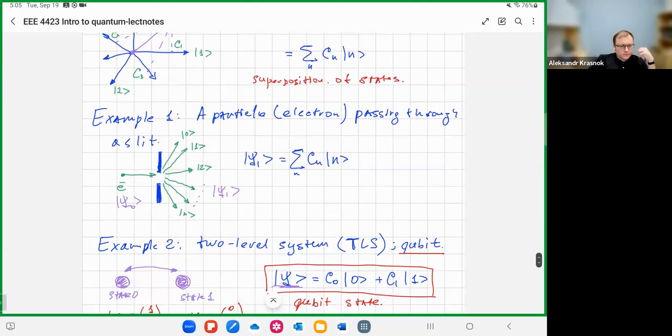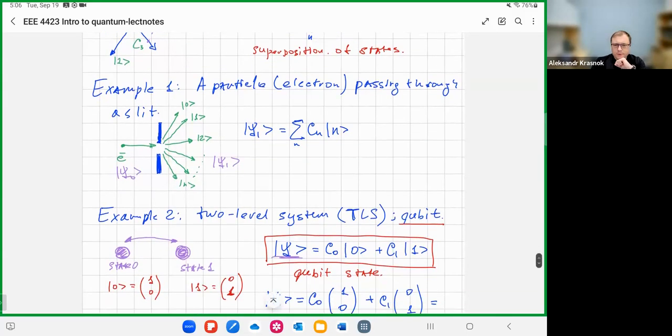Then we discussed this example. For example, a particle like an electron, which is the classical example of a quantum system, passes through a slit in a screen.